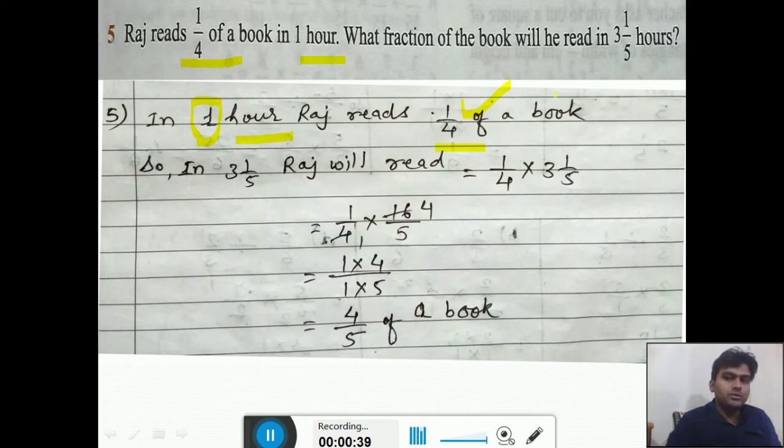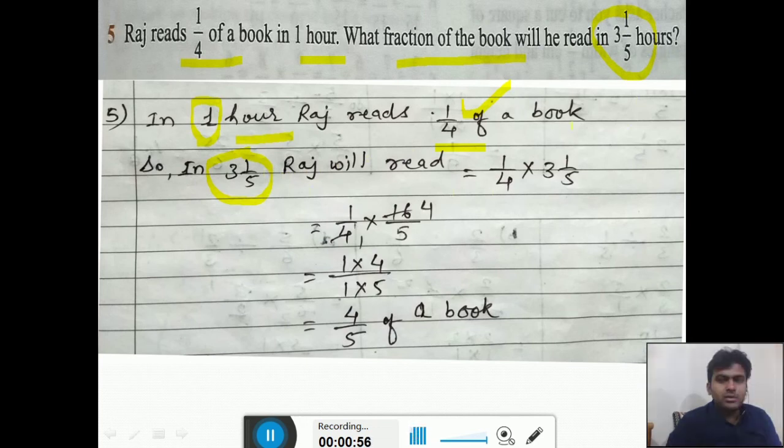So we have to find what fraction of the book he will read in 3 complete 1 upon 5 hours. So in 1 hour he is reading 1 upon 4 of a book, so in 3 complete 1 upon 5 hours how much will he read?